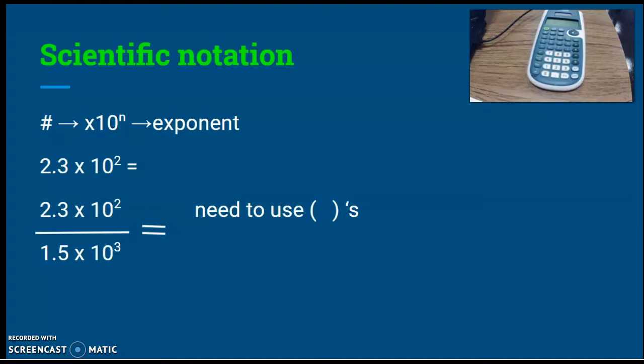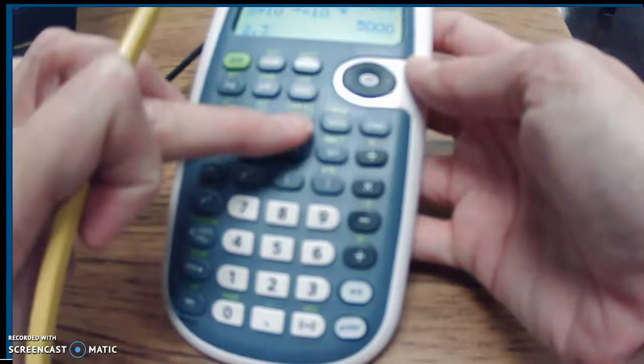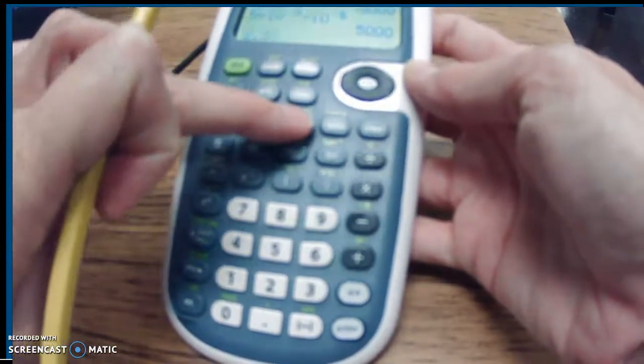Okay, so if you want to look at this really simply, I think it was 2.3, so we're going to take 2.3, and then this is just a main function key, so you're just going to hit that times 10 to the n, and so now notice it's going to put it in scientific notation, and I think we had a 2 there. And then we're going to move the arrow, and if you click enter, it should give you 230. Okay.